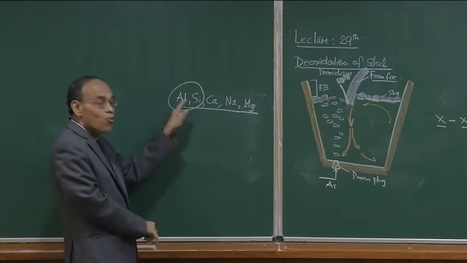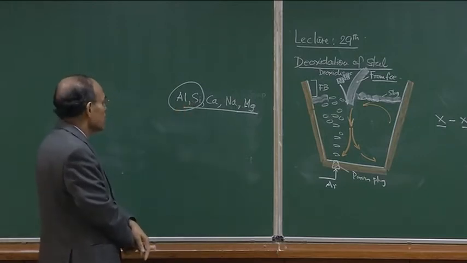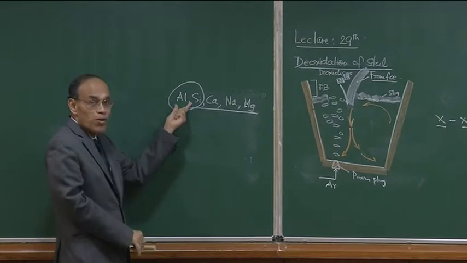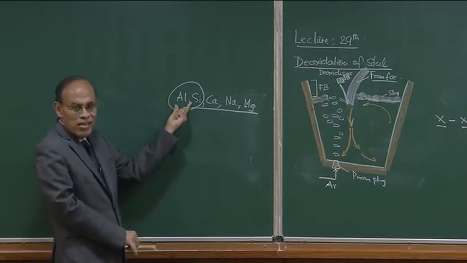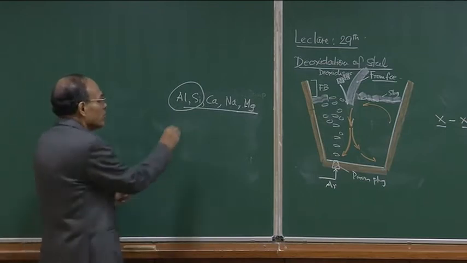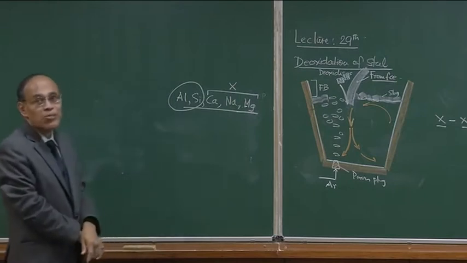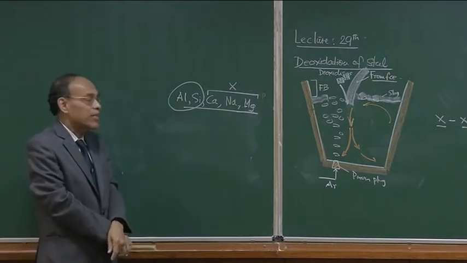Silicon is relatively poor in comparison to aluminum, but nonetheless it has quite good affinity towards oxygen. The price is moderate, their addition is less hazardous, and the recoveries are often quite good.